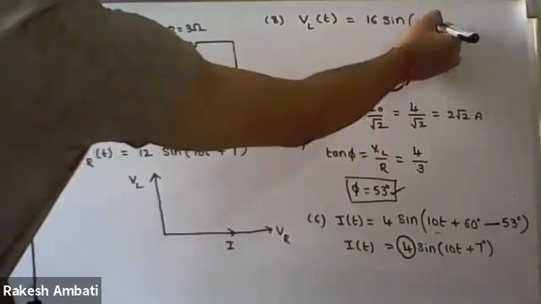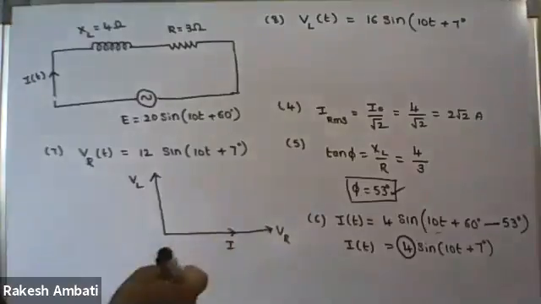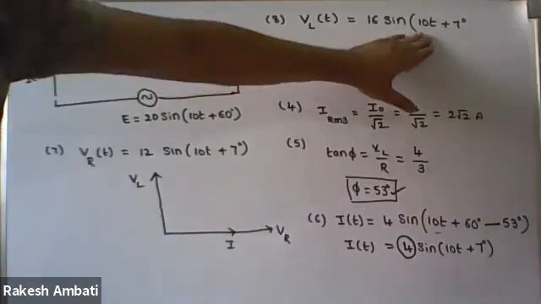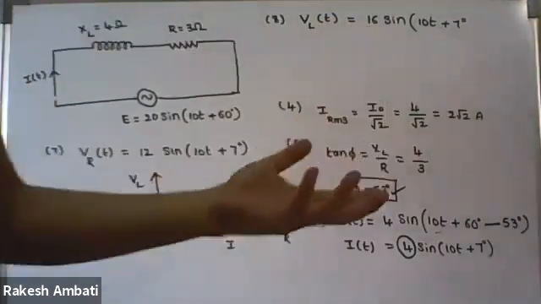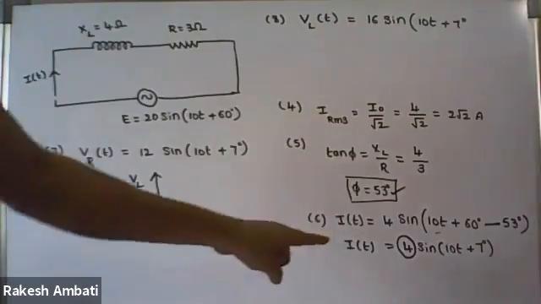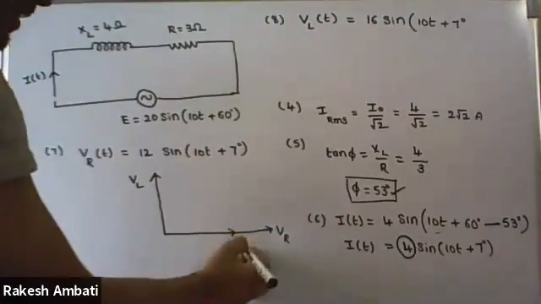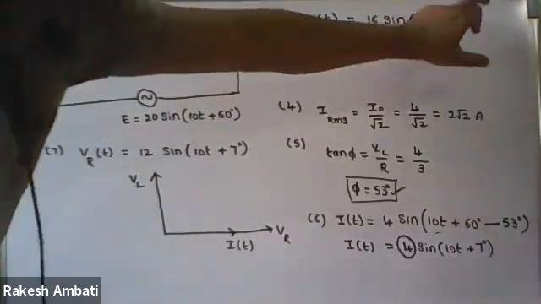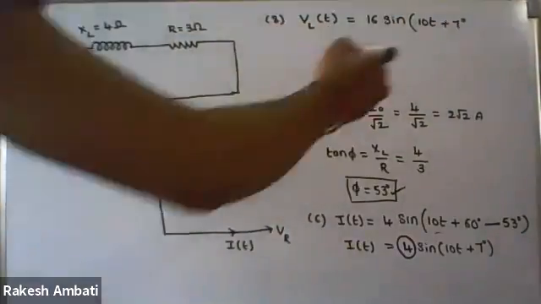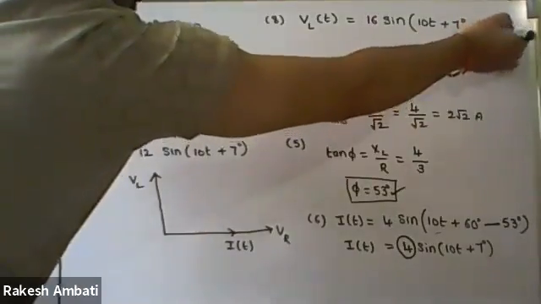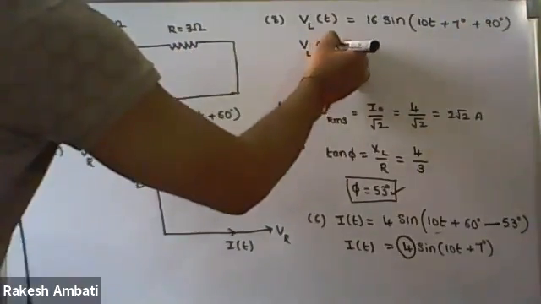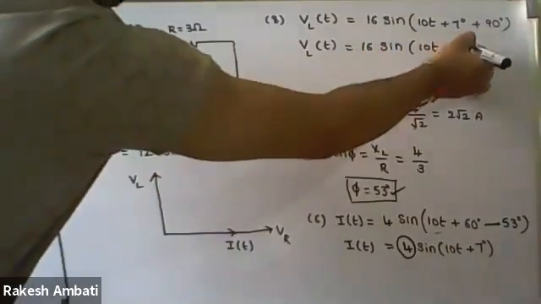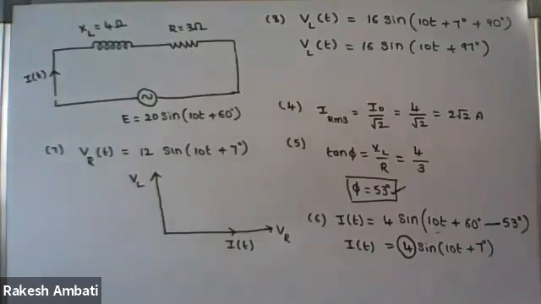So it is 10t plus 7 degrees, because VL means I into XL, the same formula, but we have to follow the phase difference. This current is a function of time, and with respect to current this potential is leading, so what do we write? Plus 90 degrees. Therefore, VL as a function of time equals 16 sine of 10t plus 97 degrees. So it is a question.